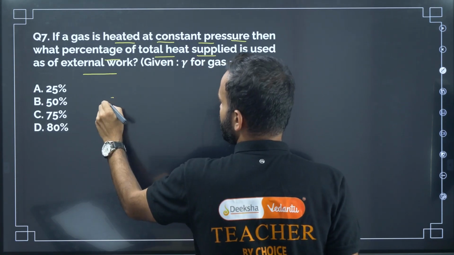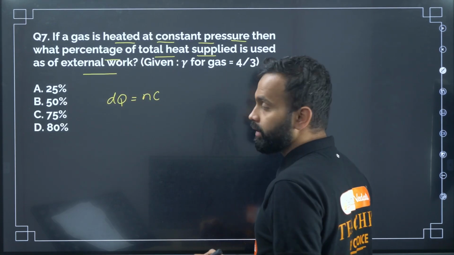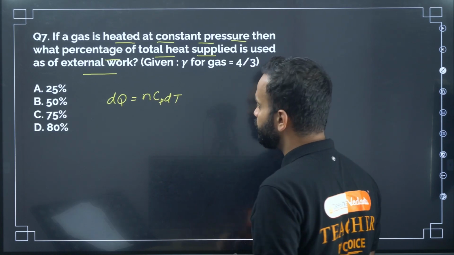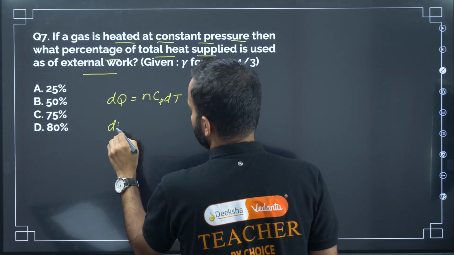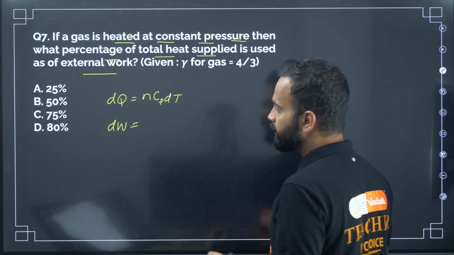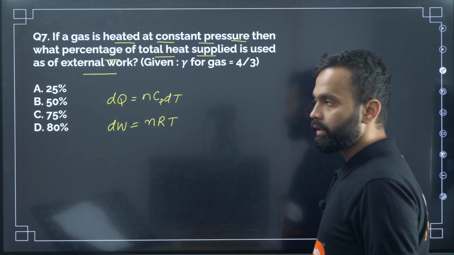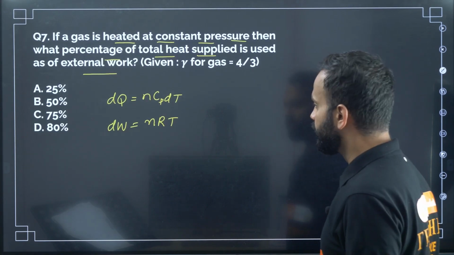So now we know that dQ is equal to n Cp dT, where Cp is specific heat at constant pressure, and dW is equal to nR dT.